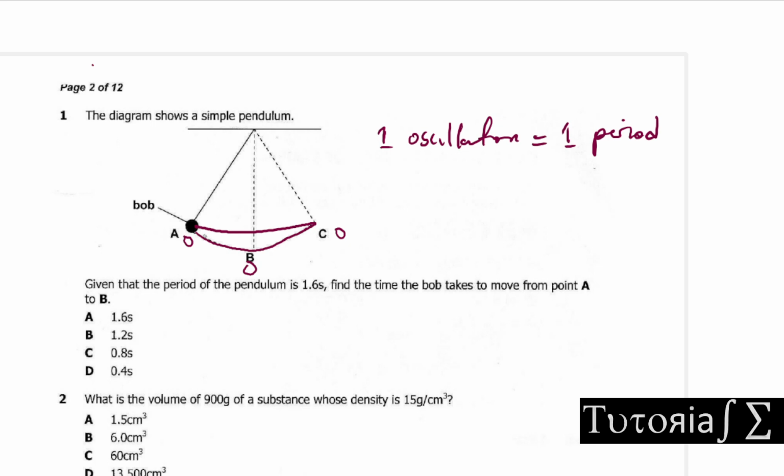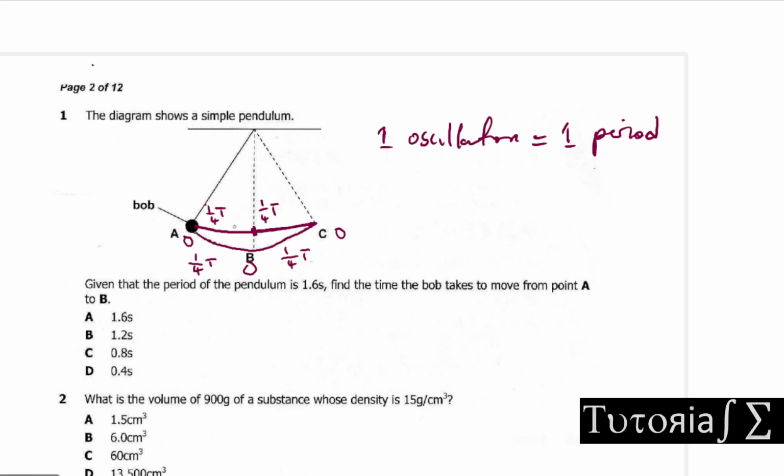Now looking at it from A to B, it moves 1/4 of the period. From A to B, the time it will take is 1/4 of the period. Again, from B to C, it is 1/4 of the period. Then from C to B, it is 1/4 of the period. Then again from B to A, it is 1/4 of the period.